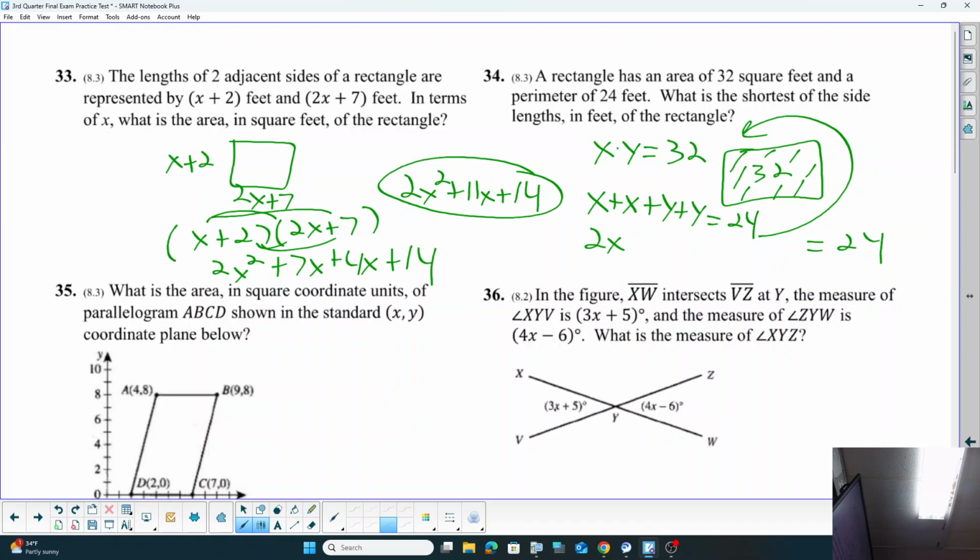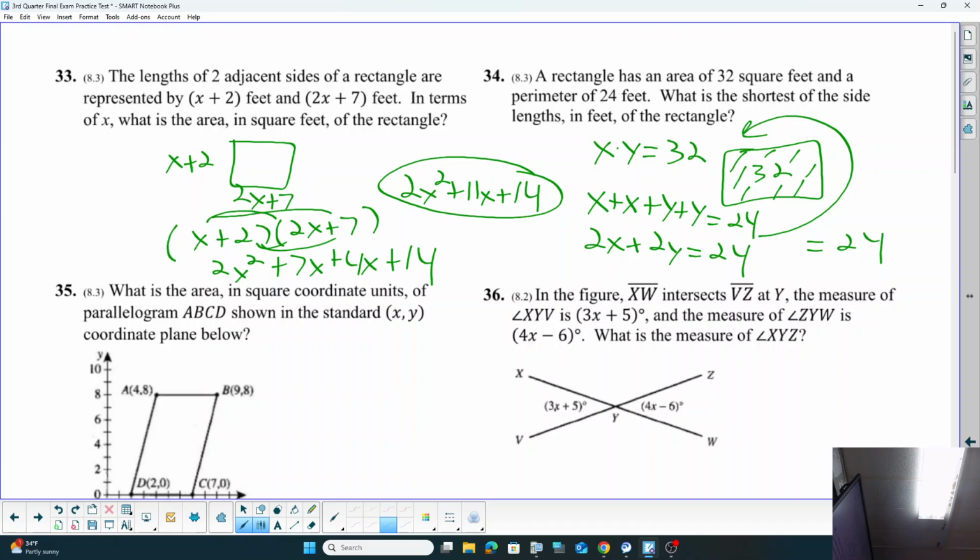That would be 2x plus 2y is equal to 24. I already think it's 8 times 4 is 32. We'll see. So then we have two equations, and we can solve one and plug into the other.